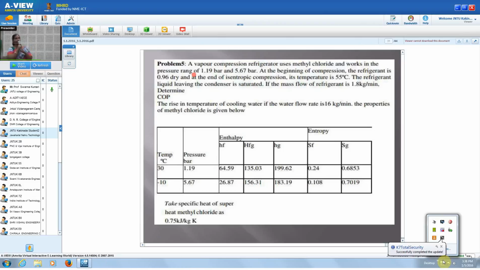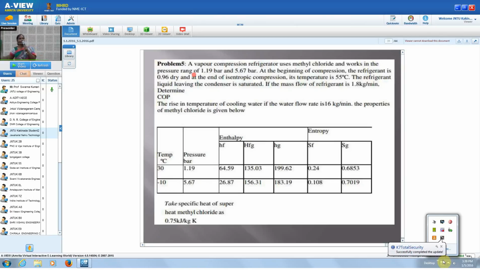At the beginning of compression, the refrigerant is 0.96 dry. So at the suction of the compressor, the refrigerant is in wet condition having a dryness fraction of 0.96, and at the end of isentropic compression, its temperature is 55 degrees centigrade. The refrigerant liquid leaving the condenser is saturated.